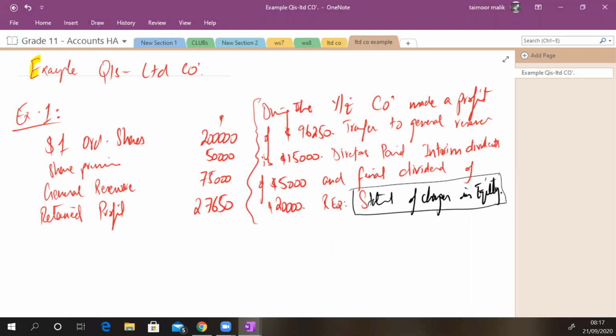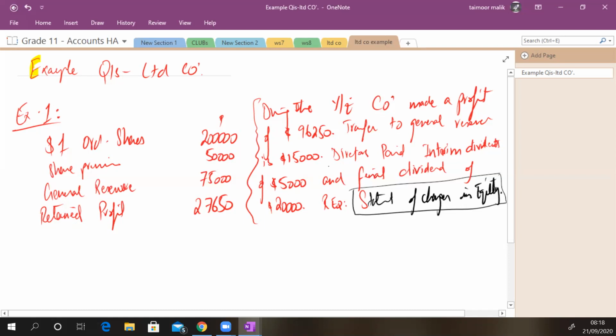So yeah. It says $1 ordinary shares, total value 200,000. Share premium 50,000. General reserve 75,000. Retained profit of 26,750. You have the valuation at the start of the year. During the year, company made a profit of this.